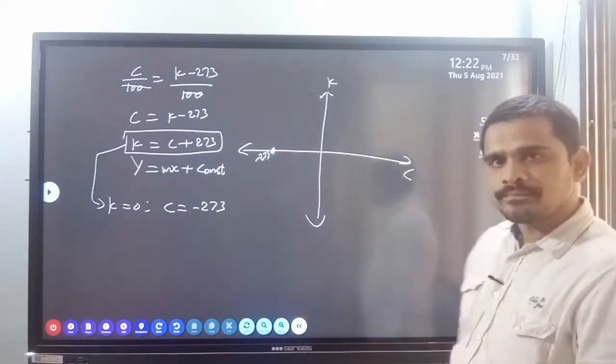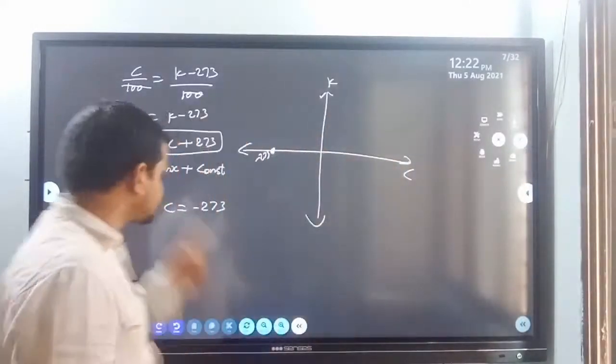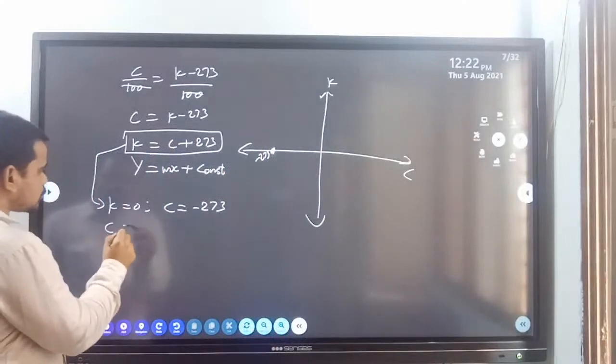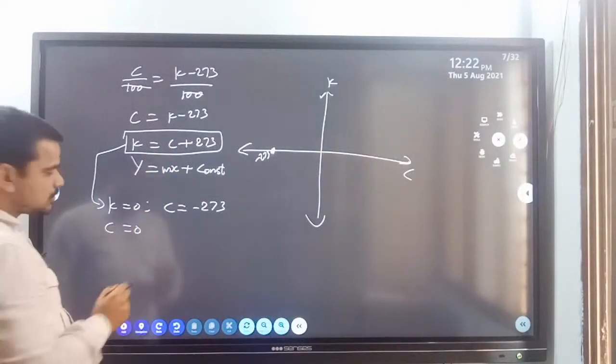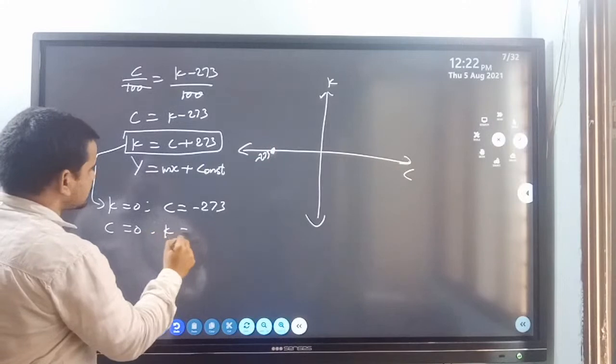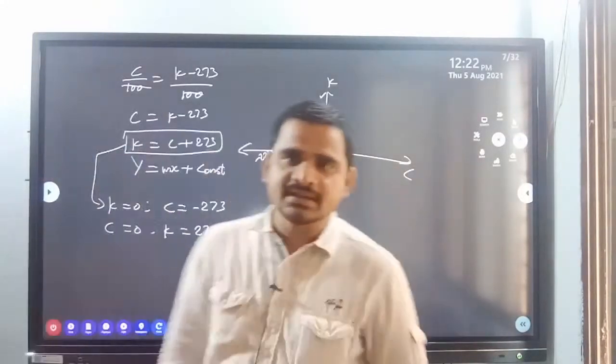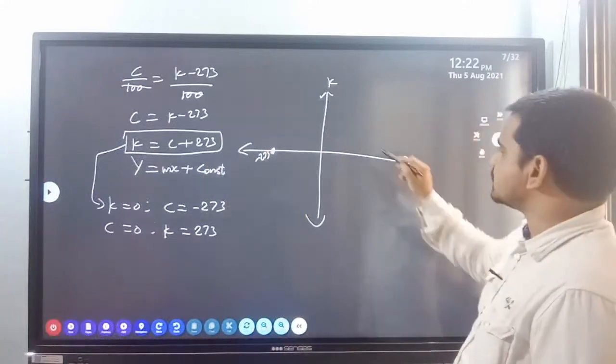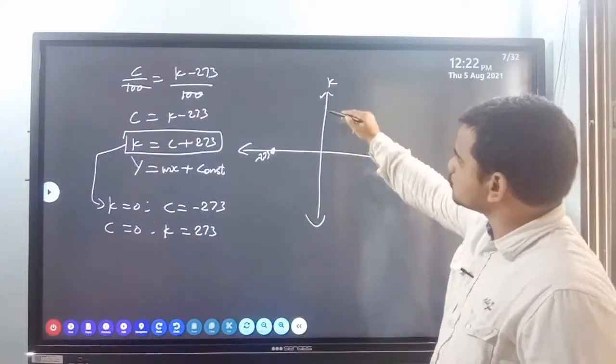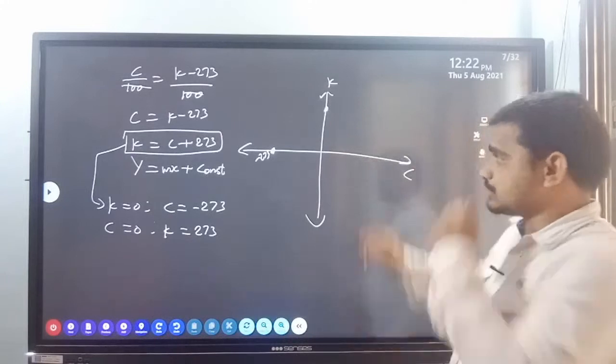Now in the same way, make C equal to 0 in this expression. What do you get? K is equal to 273. If you see here, both for C and K you are getting positive value 273.